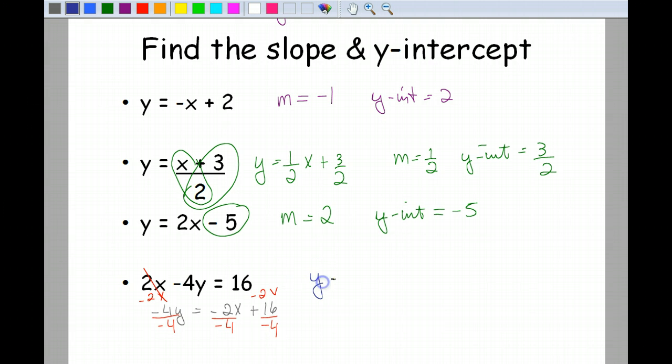So now I have y is negative 2 divided by negative 4. What is that? Negative over a negative is a positive, so positive 1/2 x. 16 divided by negative 4 is negative 4. So now it's really easy to see what my slope is. My slope is positive 1/2, and my y-intercept is negative 4.